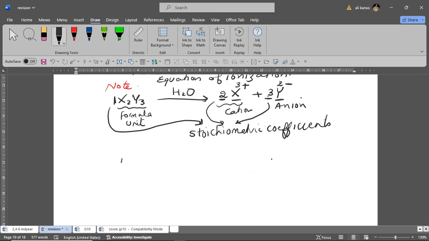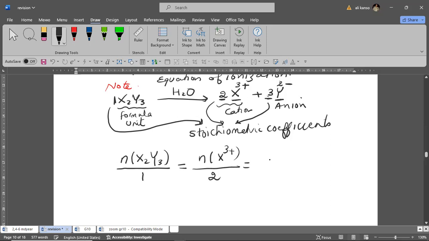The number of moles of the formula unit, the rule you have to know, divided by the coefficient that is multiplied by it, which is 1, is equal to the number of moles of the X3 plus cation divided by the number multiplied by it, which is 2, equal to the number of moles of the anion divided by the number multiplied by it, which is 3.